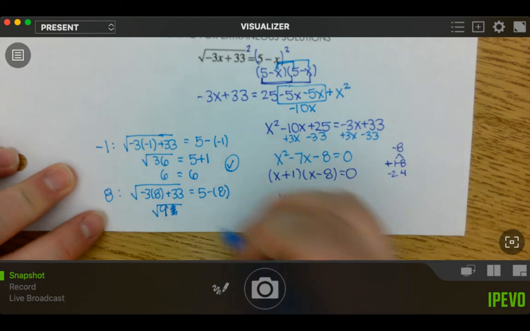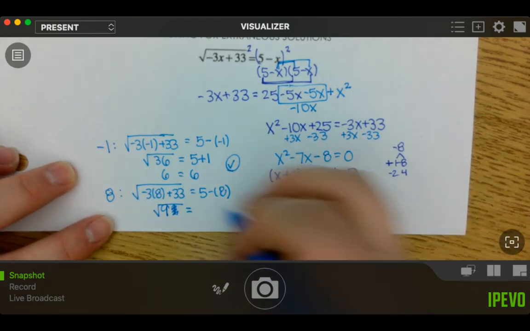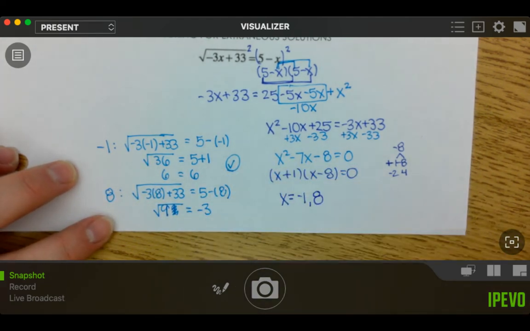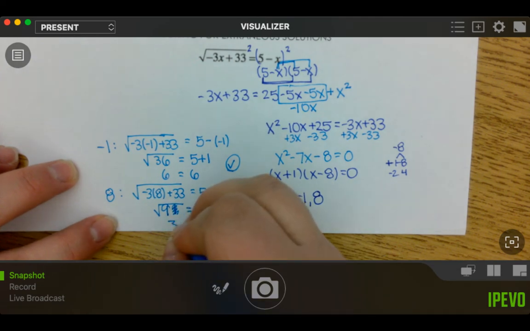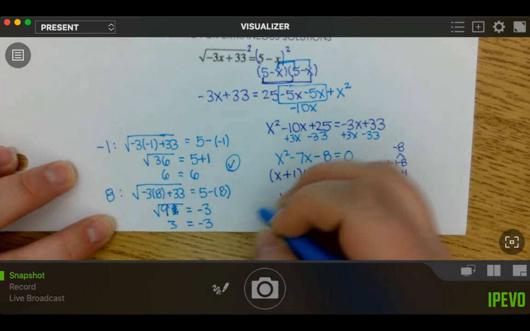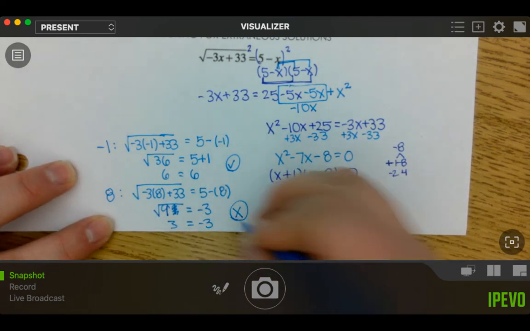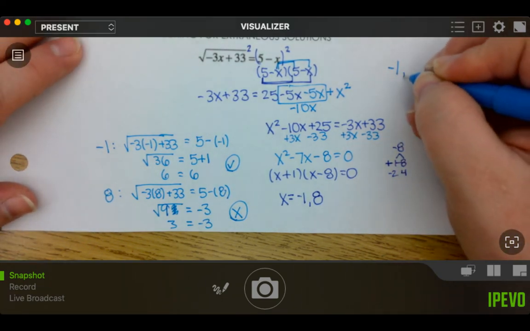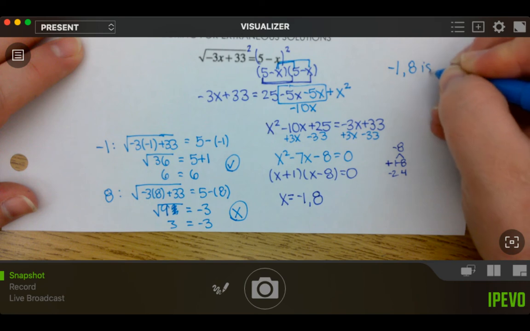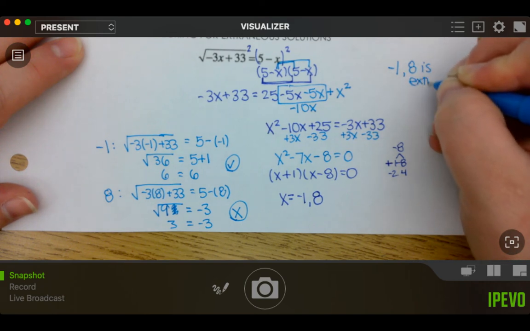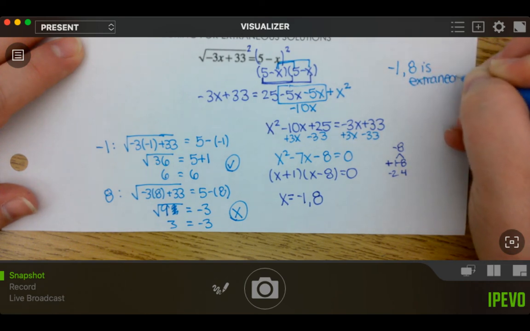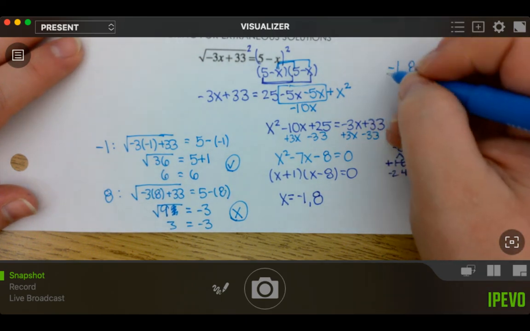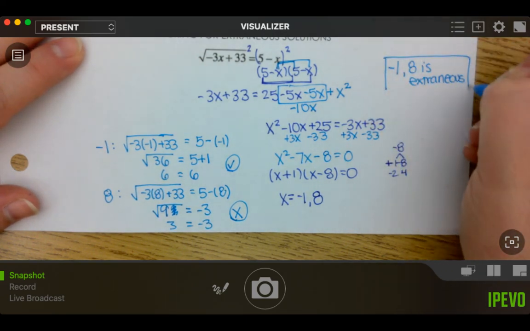There we go. 5 minus 8 is -3. Here's the issue. The square root of 9 is 3, but this side is -3. So that's not true. So what we do for our answer is we say that it's -1, comma, 8 is extraneous. Extraneous means it was a solution when you solved it, but it doesn't work when you plug it back in.